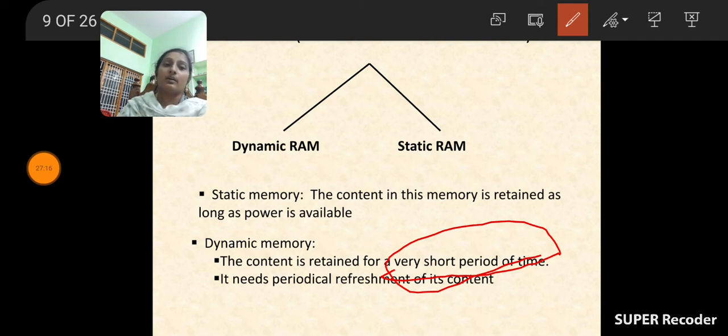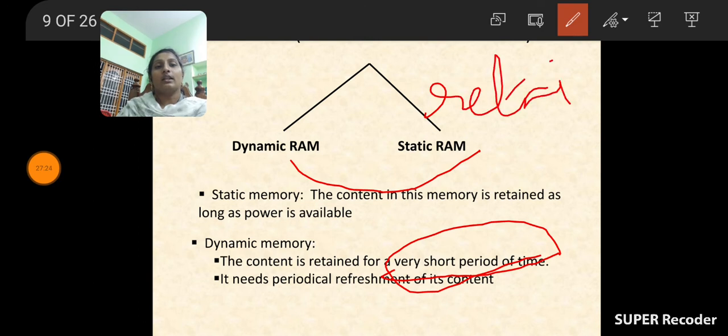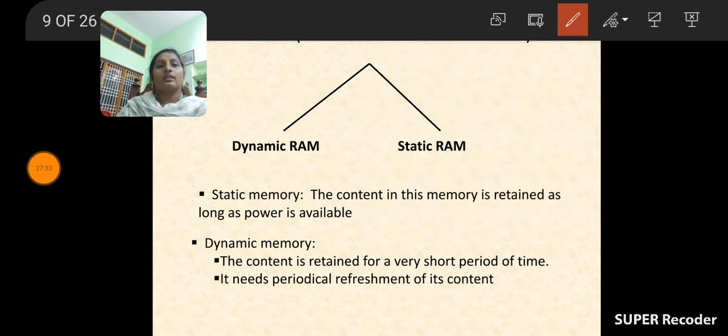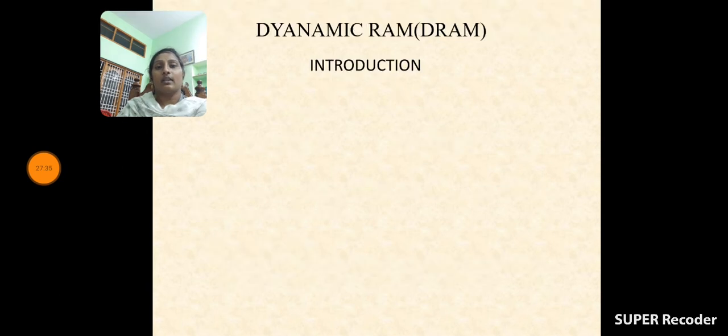Otherwise, the data will be erased. So this is the main difference between dynamic and static. In static, the data is retained, but in dynamic, the data will be lost, retained for only a few minutes. This is about static as well as dynamic RAM.